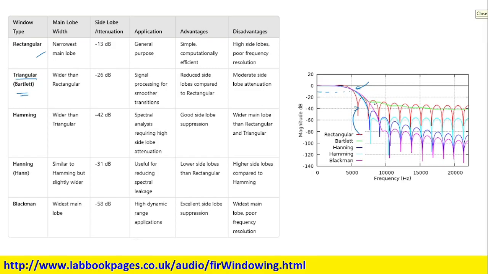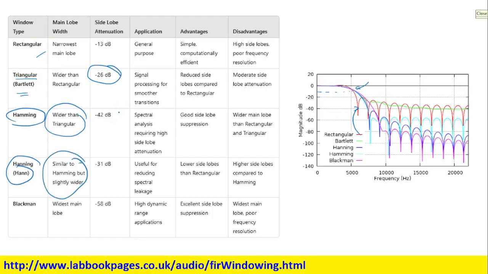The Bartlett window comes down slowly and gradually. However, if you see the side lobe attenuation, it is only minus 26 dB. Now, with the Hamming and Hanning windows, the main lobe is wider than the triangular in both cases.